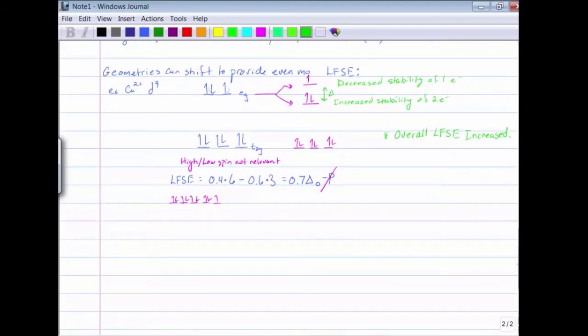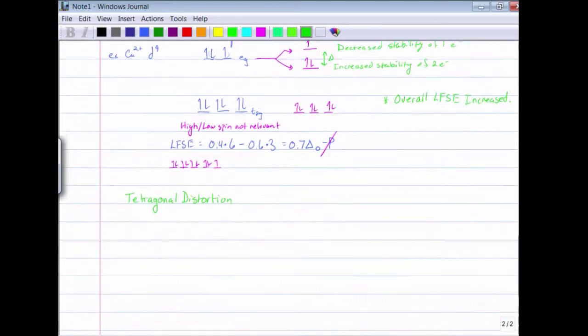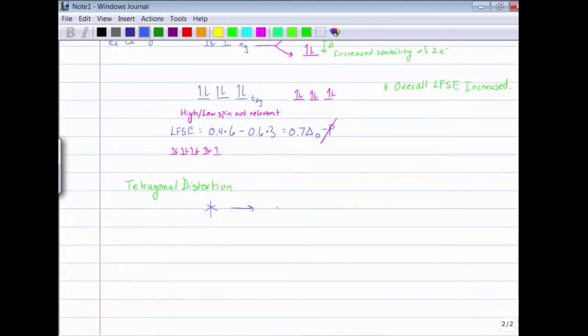This sort of thing, the splitting of the eg or the t2g set, will often occur. In this case, for d9 copper, you have a tetragonal distortion. So if you had an octahedral complex and you tetragonally distort that, basically the two ligands on the axes, on one of the two across from each other, are going to move apart.